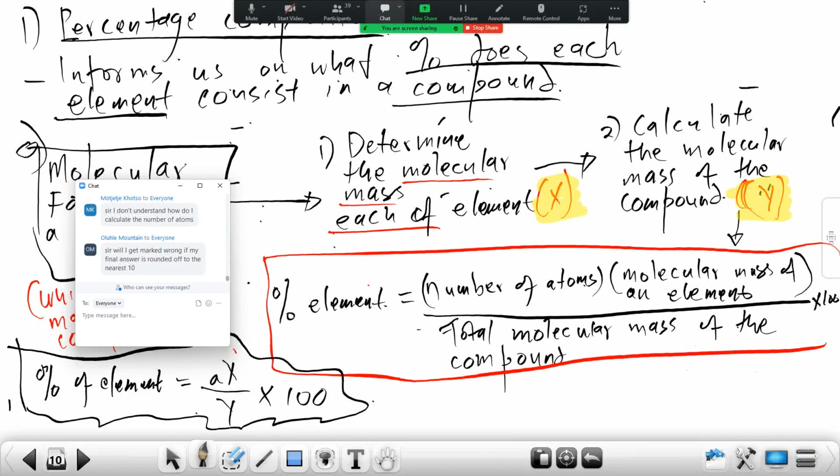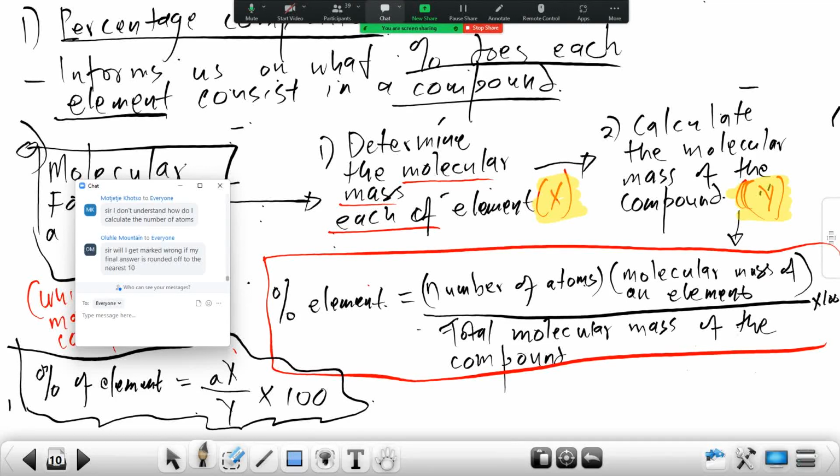So I must emphasize the reason why, Oluhle, we are giving you 0 is because remember, the instructions that you don't read in a question paper says round off to 2 decimal places. So if you have an opportunity of writing 2 decimal places, write the 2 decimal places. So if your answer is 9,50, then you want to say the answer is 10.